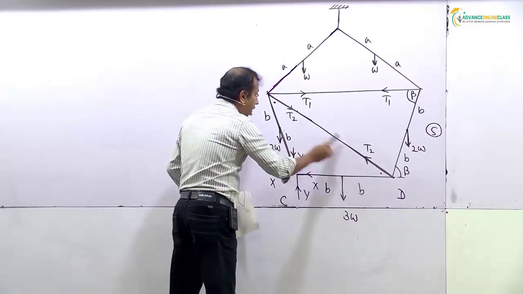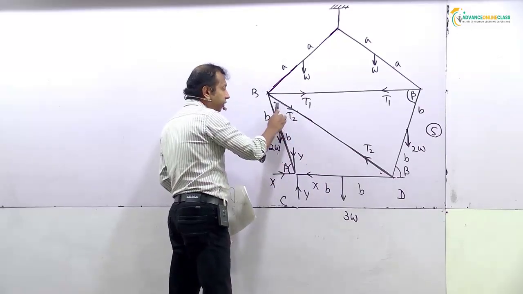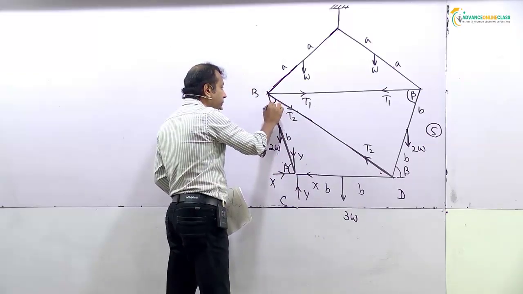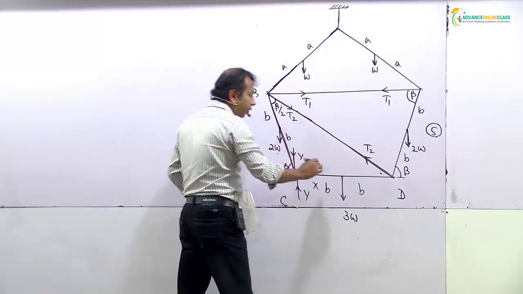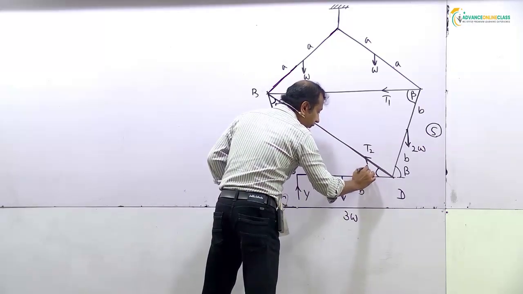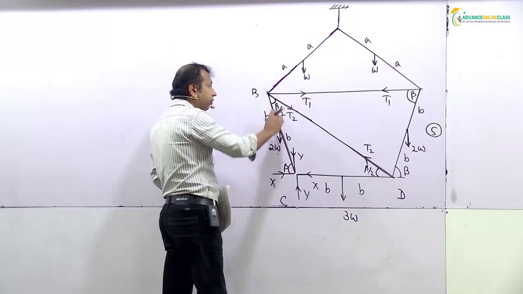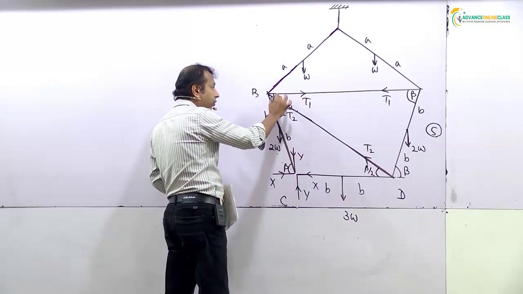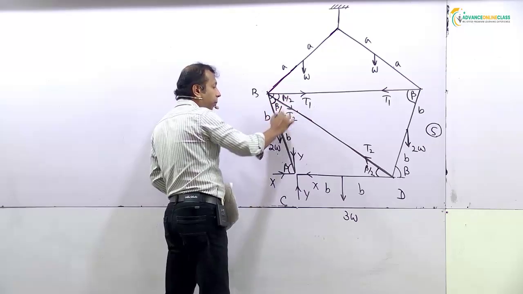These two add up to beta, and they are equal, so each should be beta by 2. This is beta by 2, this is also beta by 2. But this whole angle should be equal to this angle beta. Therefore, this is also beta by 2.